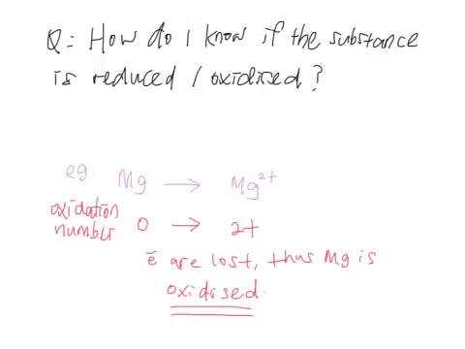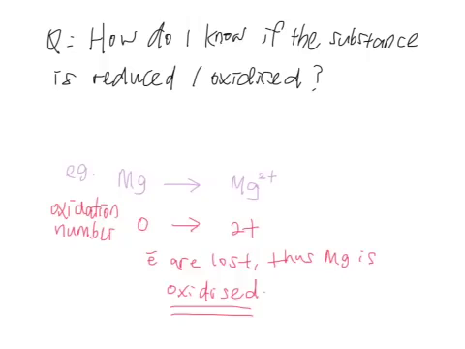For example, you have magnesium converting to Mg2+. So I told you to look at its charges, right? Therefore, the oxidation number for magnesium atom is 0 because it has no charges. And you are moving from a state of 0 to 2+. You should know by now that electrons are negatively charged.